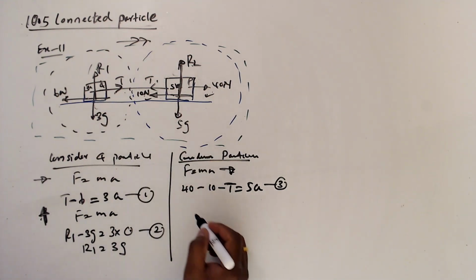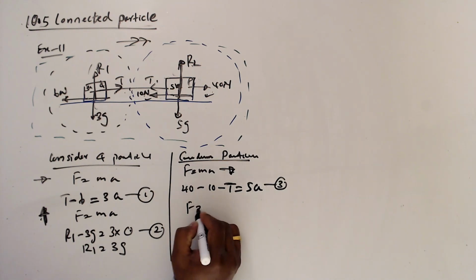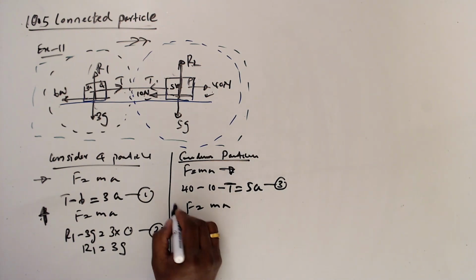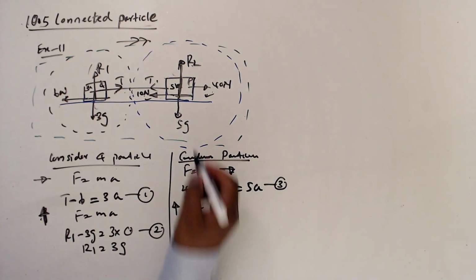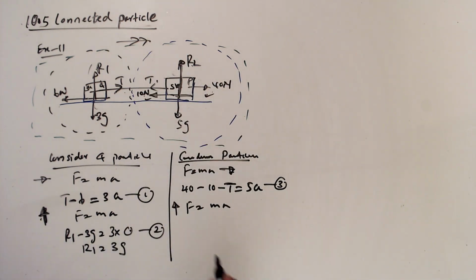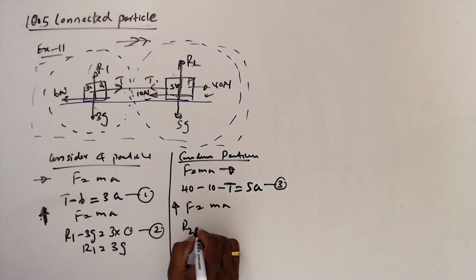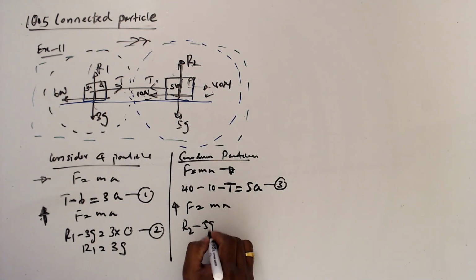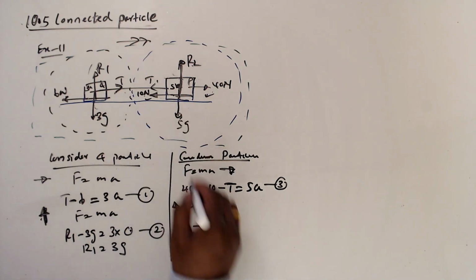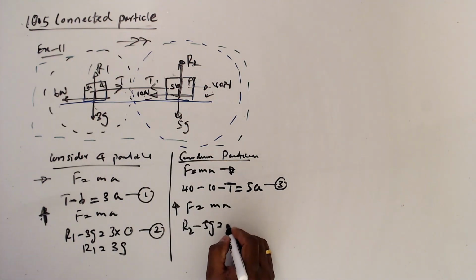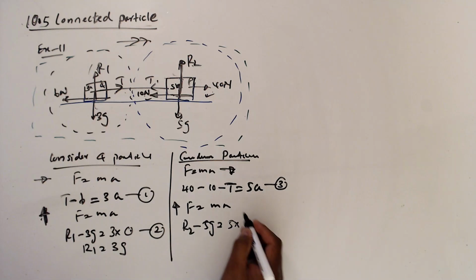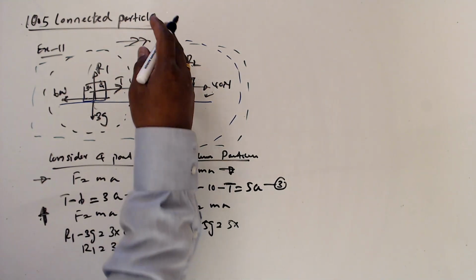And the fourth one, F equals ma in the vertical direction for this particle. There are two forces, R2 minus 5g, because it is negative, equals 5 times 0, since there is no acceleration upward or downward.